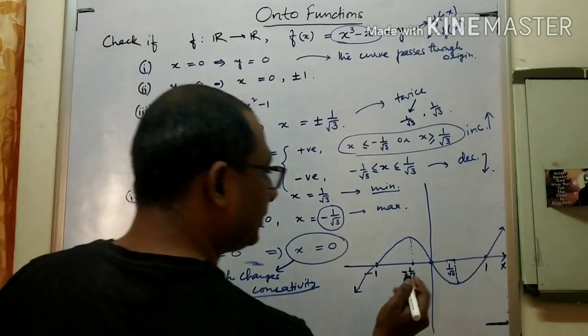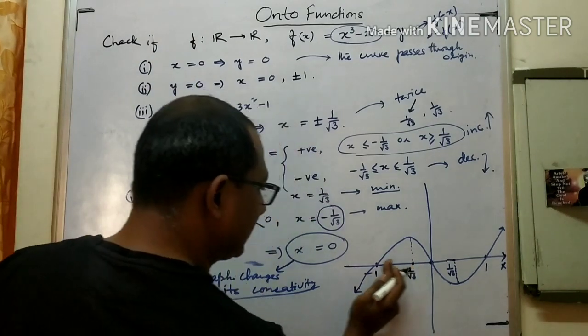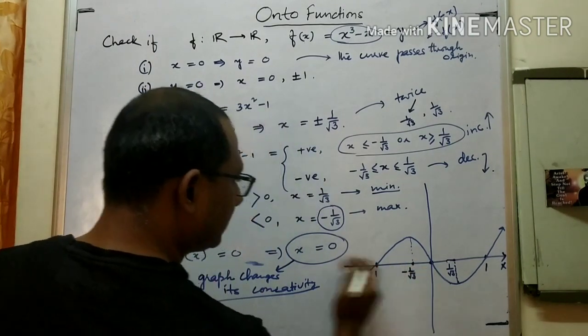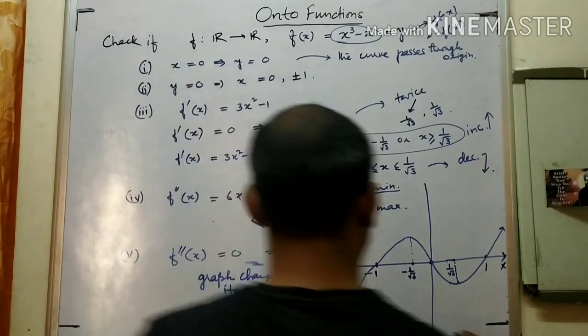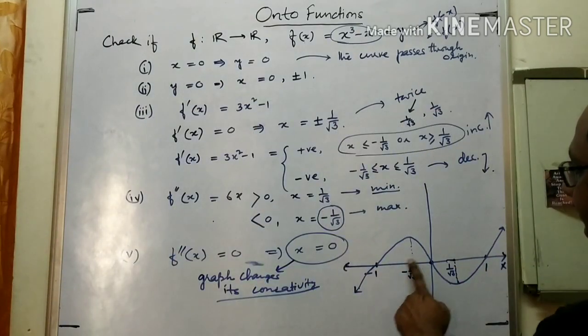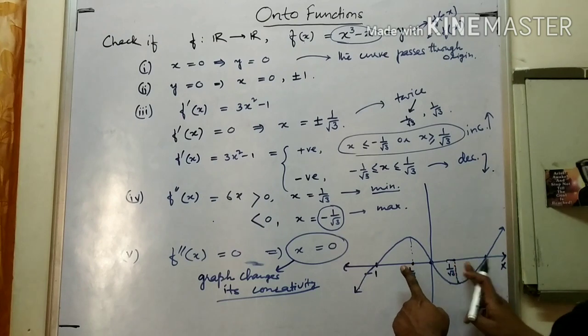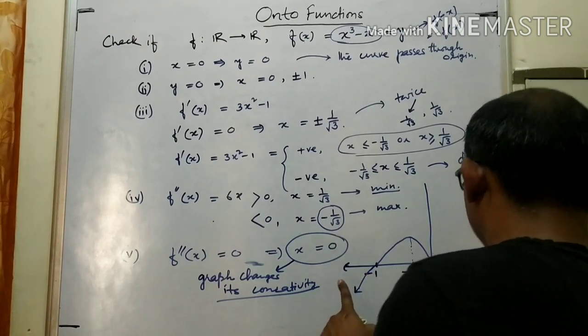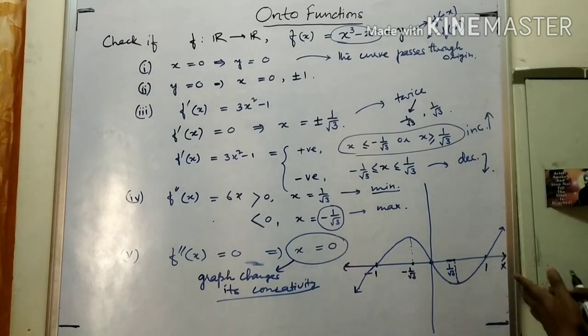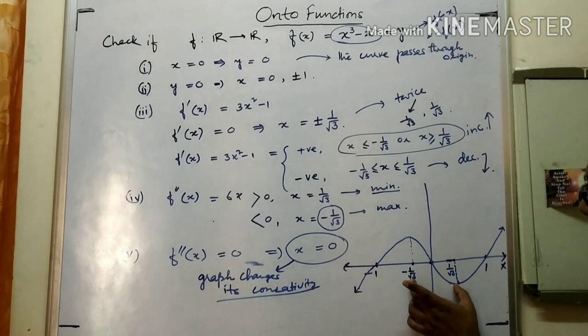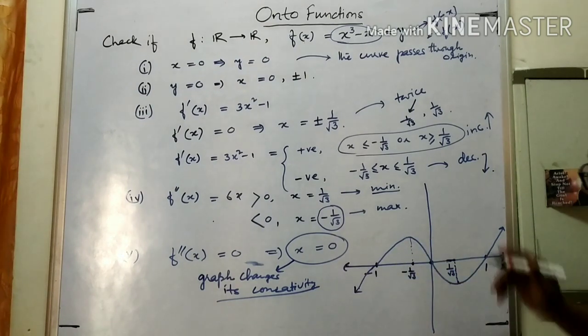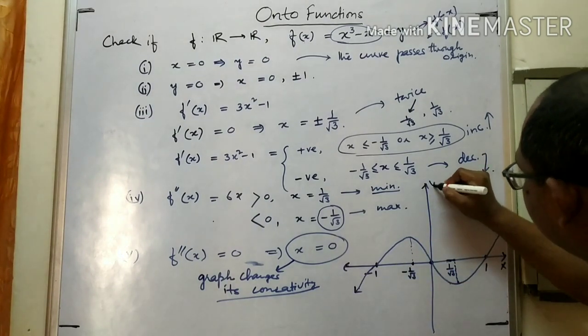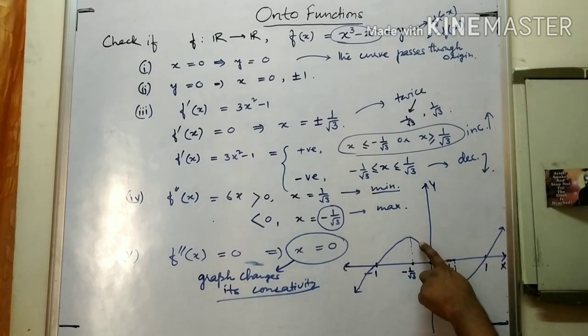Beyond minus 1 by root 3 on the left-hand side it is increasing, and beyond 1 by root 3 it is also increasing. Between minus 1 by root 3 and 1 by root 3 it is decreasing. And the graph is changing its concavity at x equal to 0.